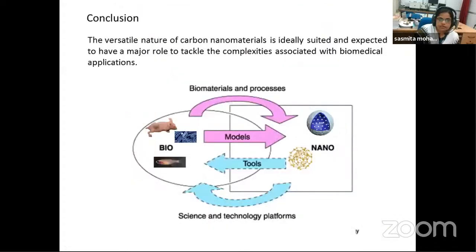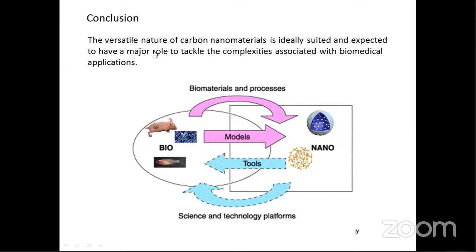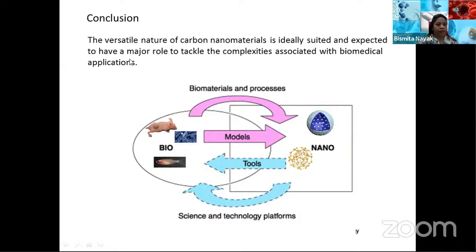So with this, I conclude my talk for this webinar. The versatile nature of carbon nanomaterials is ideally suited and expected to have a major role to tackle complexities associated with biomedical application. A productive collaboration between bio and nano, meaning nanotechnology and biology, would facilitate this kind of research.